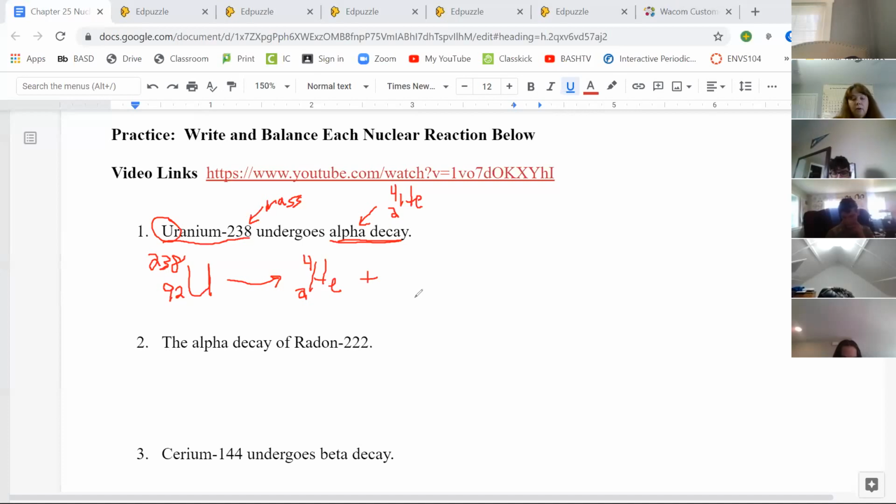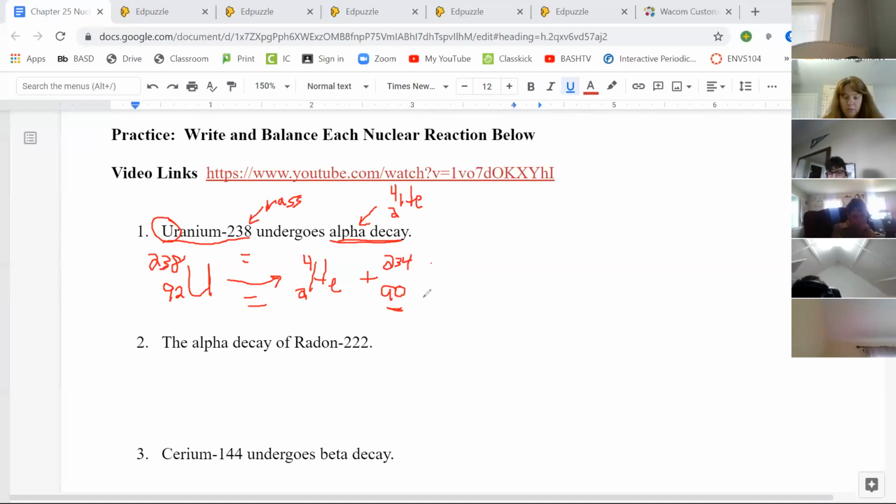Now we need to figure out our missing piece. 238 equals 4 plus 234. 92 equals 2 plus 90. Again, we don't have an element symbol, but this 90 is the atomic number for thorium.